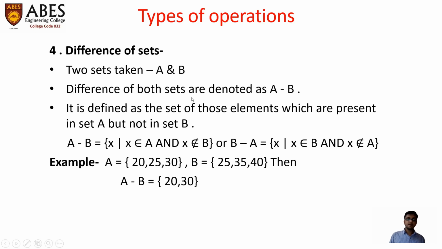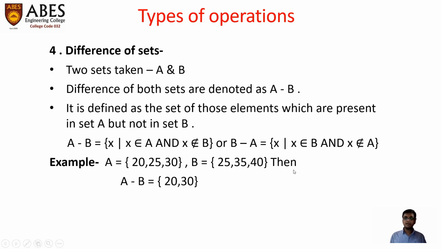Two sets are taken, again A and B, and the difference of both sets is denoted as A minus B. It is defined as the set of those elements which are present in set A but not in set B. So A minus B, the set difference, consists of those elements which are present in set A but not in B. It means we consider all elements that belong to set A, but not those elements which belong to set B.